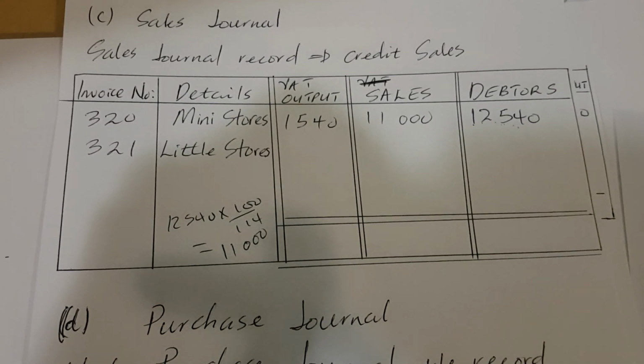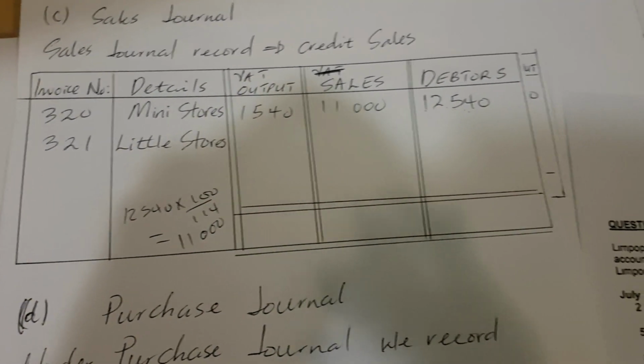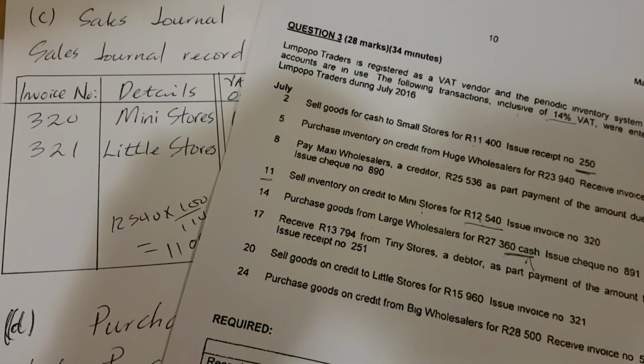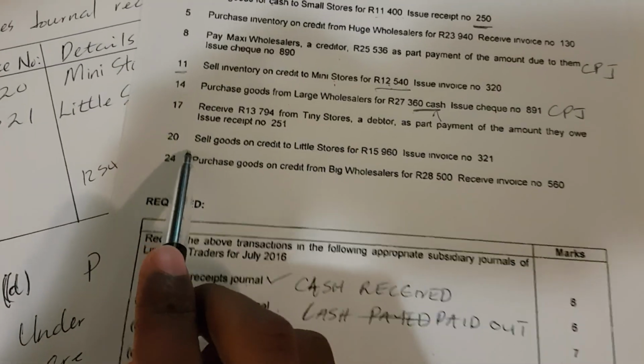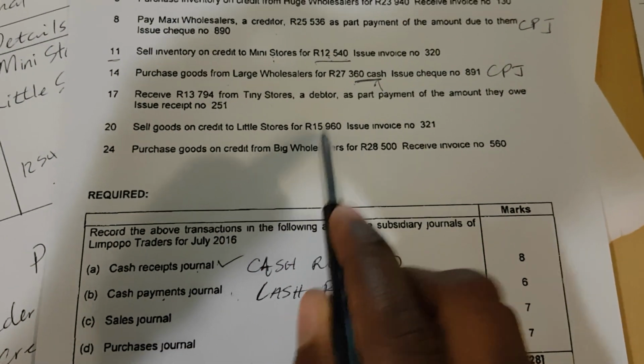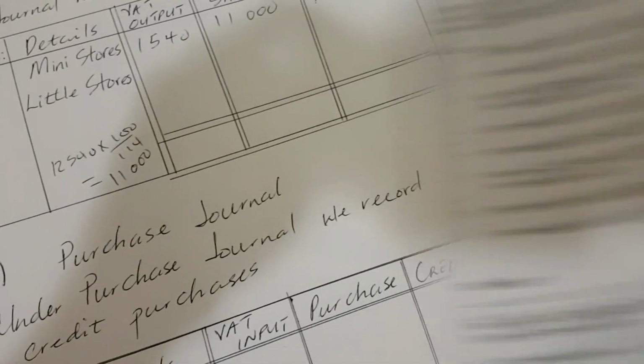And then invoice number 321 for Little Stores. What is it saying? What happened to Little Stores? Okay, we sold goods on the 20th of July on credit to Little Stores at 15,960.